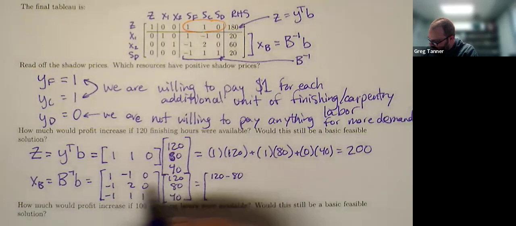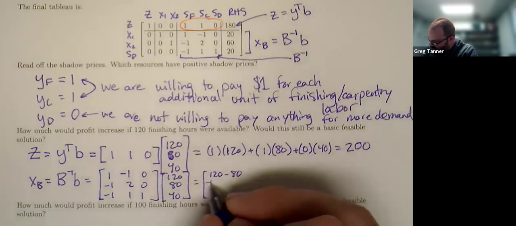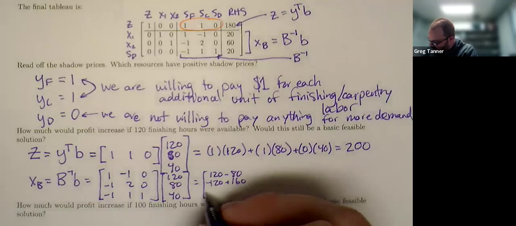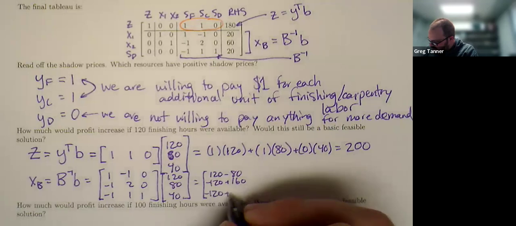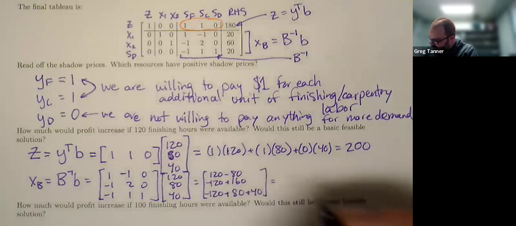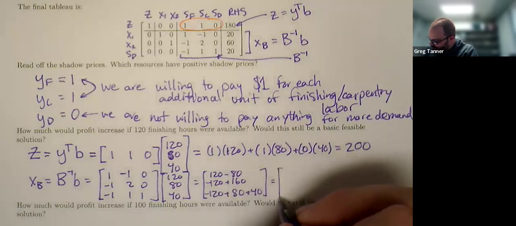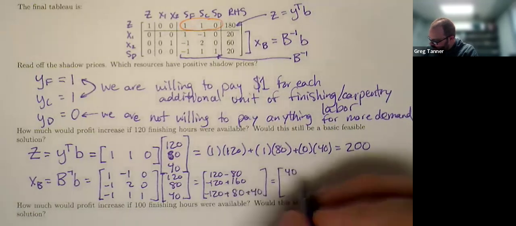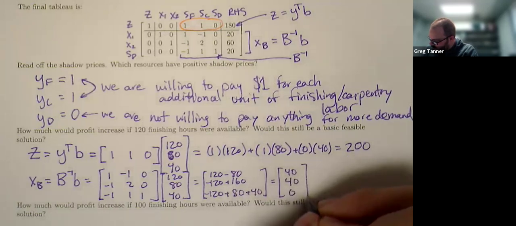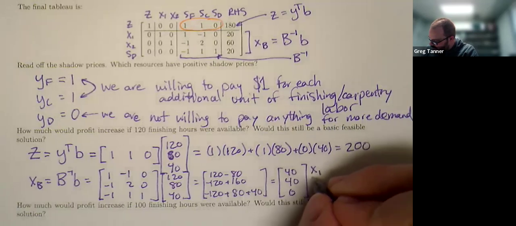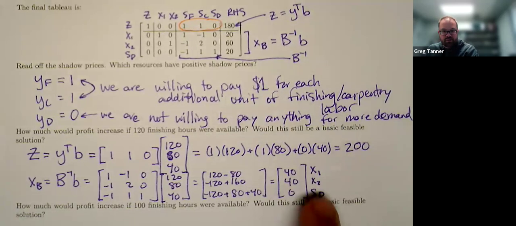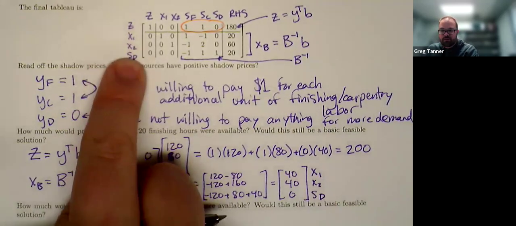Next row, I'll get negative 120, 2 times 80, so negative 120 plus 160. And then last row, I'll get negative 120 plus 80 plus 40. And so working those out, that will give us 40, 40, and 0. And those are our values for X1, X2, and slack for demand, because those are still our basic variables.